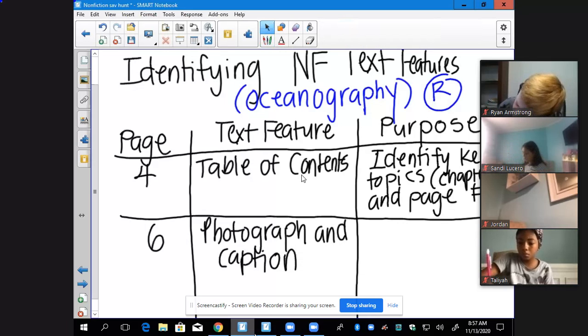The caption is just as important as the photograph, because if I have a photograph or a picture and I have no idea what I'm looking at, is that going to help me understand what I'm reading? No. I need the caption too. I need to know, okay, this is what's going on. This is what I'm looking at.